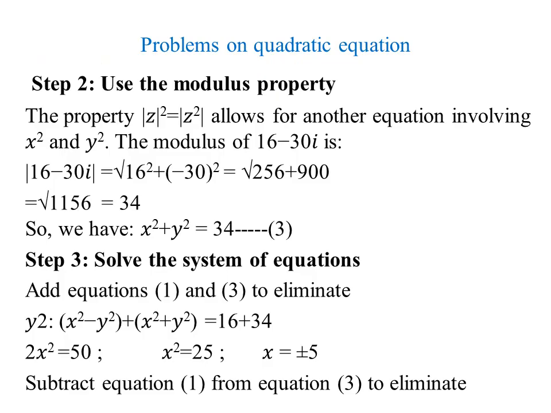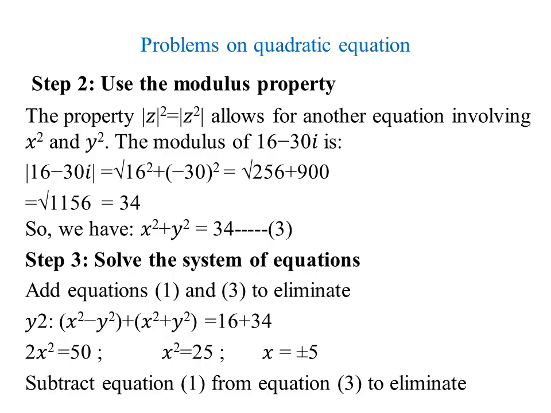In step 2, we use the modulus property, that is, mod z whole square is equal to mod of z square, which gives another equation involving x square and y square.